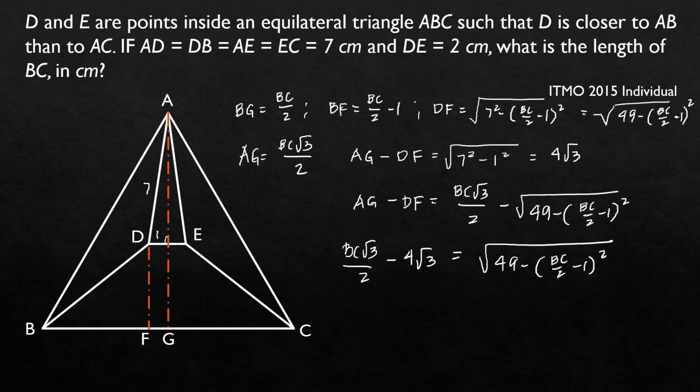Squaring both sides of this equation, we have 3BC squared over 4 minus 12BC plus 48 is equal to 49, and we may expand (BC over 2 minus 1) squared as BC squared over 4 minus BC plus 1, which is subtracted from 49.